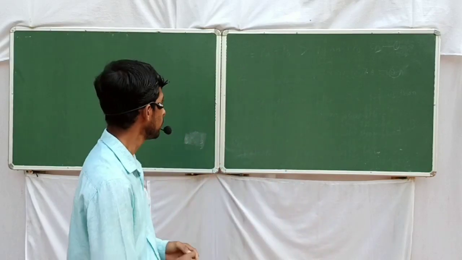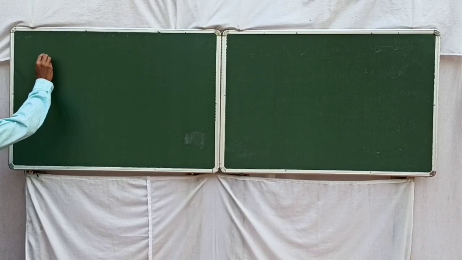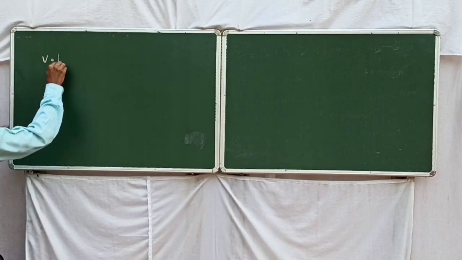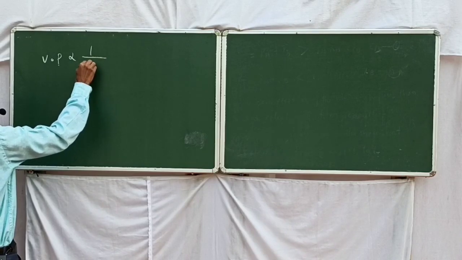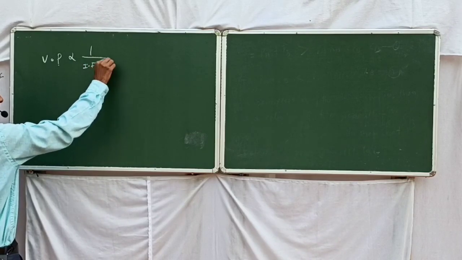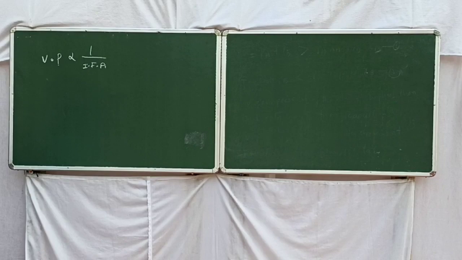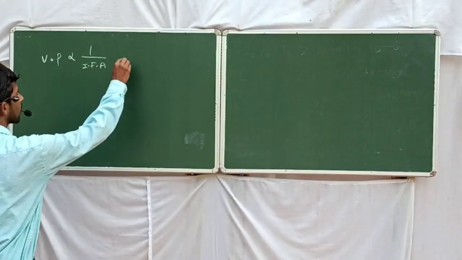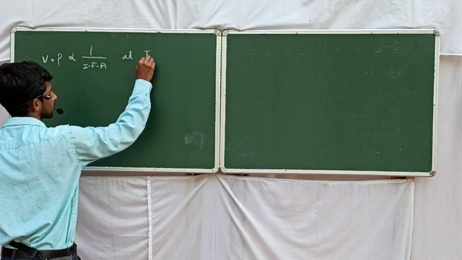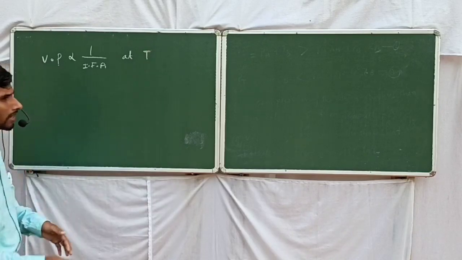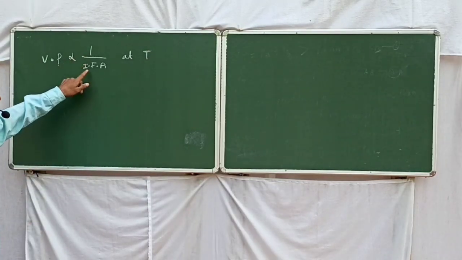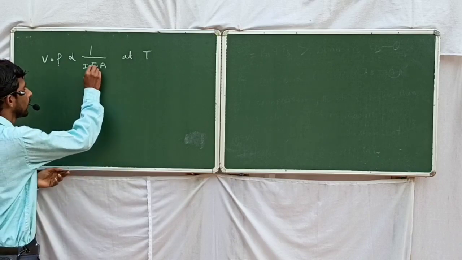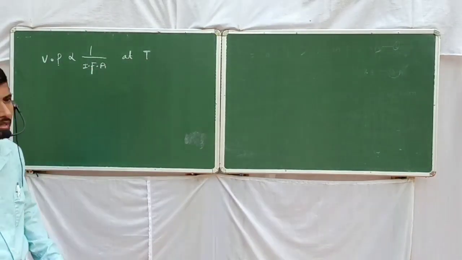So we can write one relation: at constant temperature, the vapor pressure of the liquid is inversely proportional to the intermolecular forces of attraction between the molecules of the liquid.